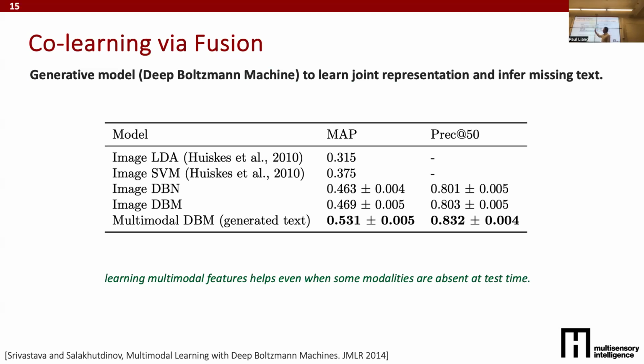You could use LDA, SVM, and these are deep belief networks, deep Boltzmann machines. These are just image-based supervised learning methods. And this is a setting where you train a joint multimodal model using image and text. But during testing, you remove the text and ask the model to infer it itself, right? So everything's a fair comparison. Everything's only given image during testing.